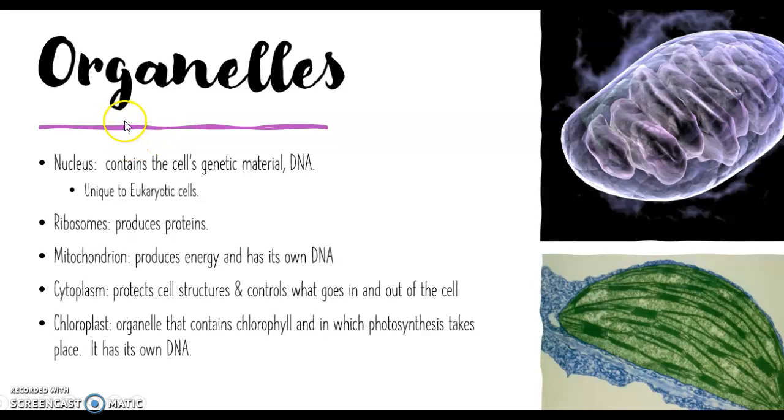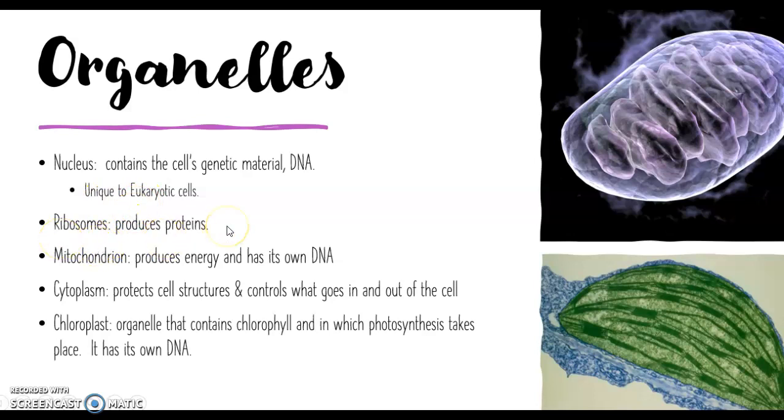Okay, so another thing I want you to do is I want you to take notes on the organelles. So I want you to press pause, and I want you to copy all of this. So you're going to write down organelles. Nucleus contains the cell genetic material, DNA. It's unique to the eukaryotic cells.